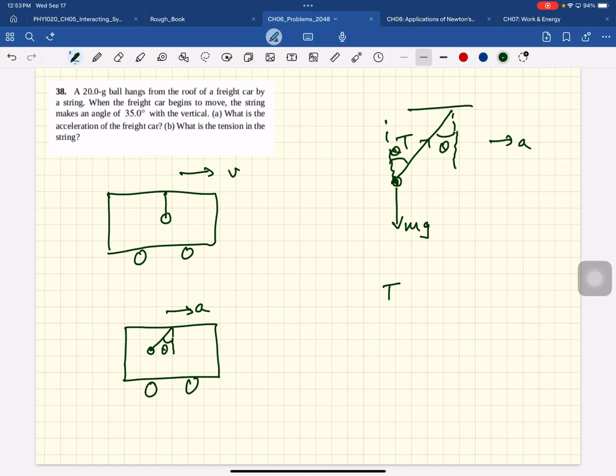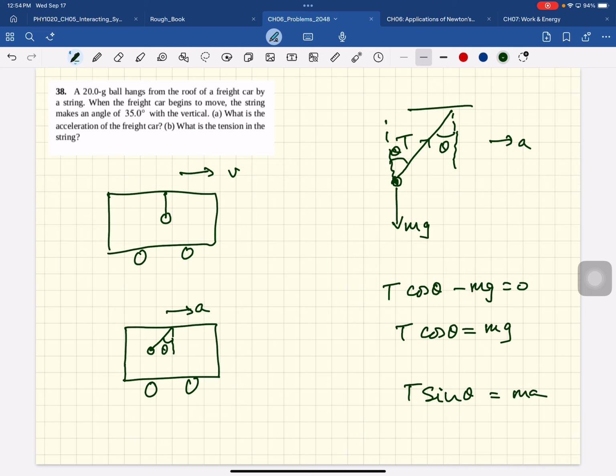So T cosine theta minus mg equal to 0. So T cosine theta is the y component, minus mg equal to 0. So T cosine theta equal to mg. And then T sine theta is the x component. T sine theta equal to mass times acceleration.